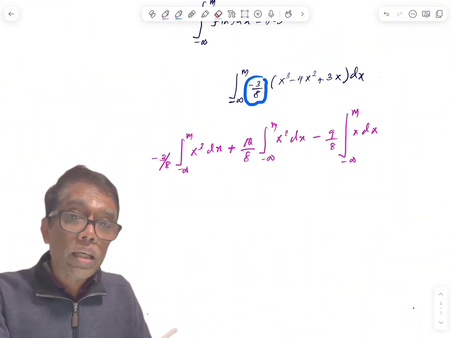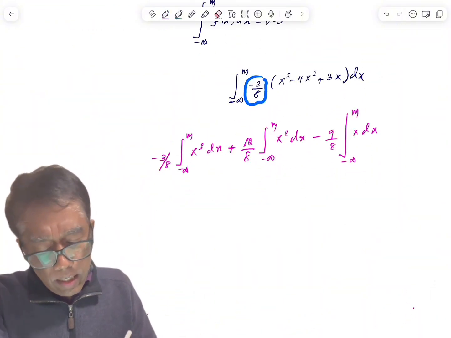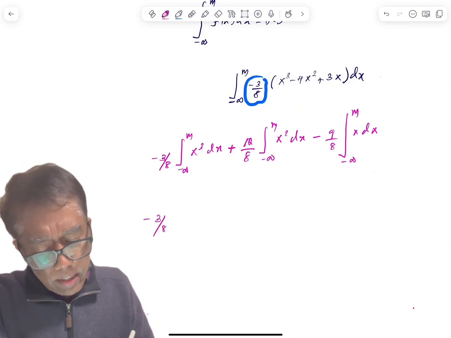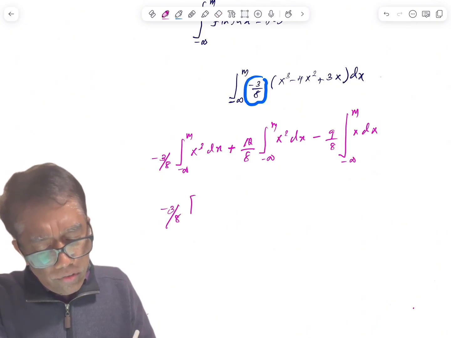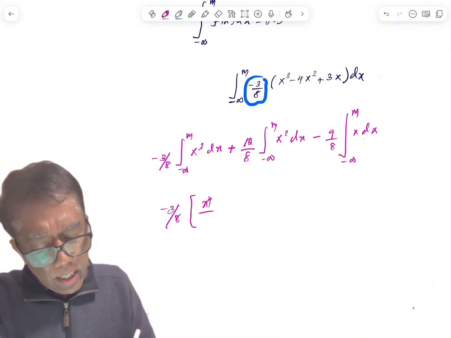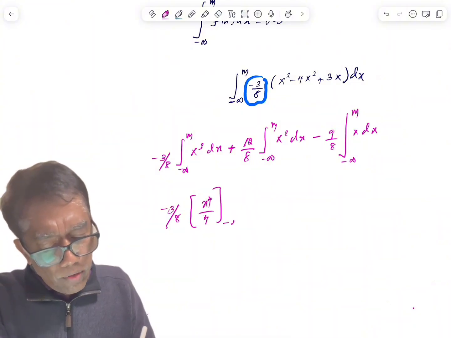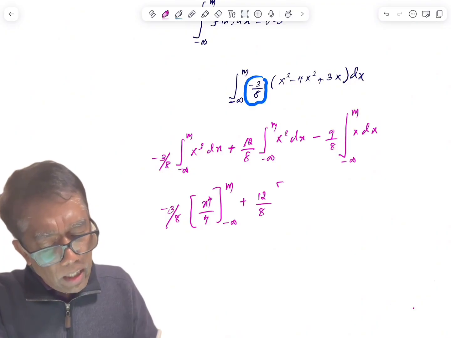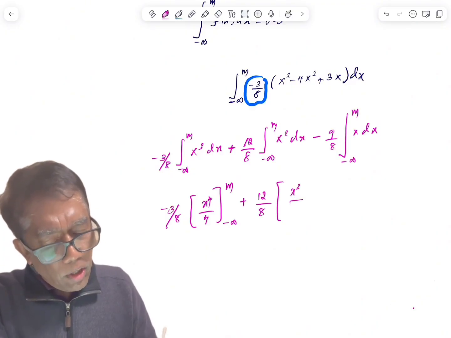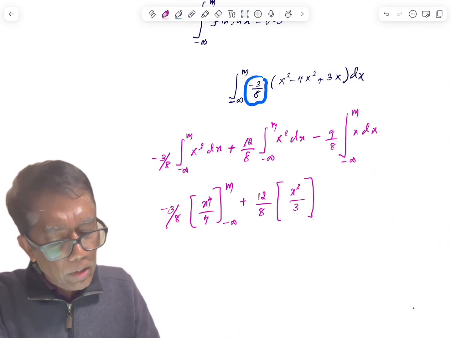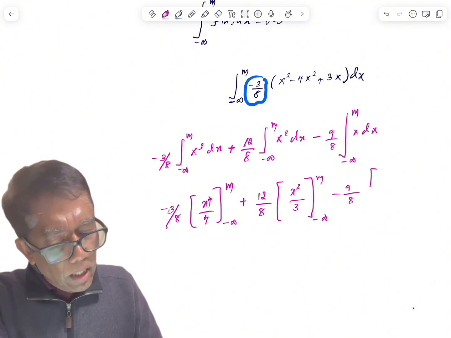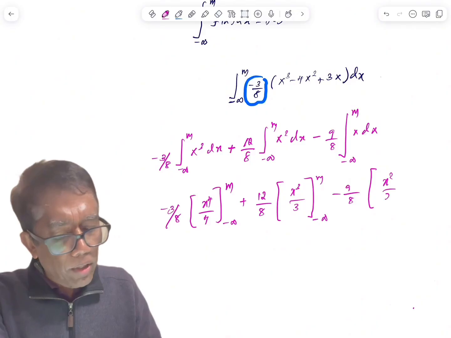Now we can integrate this expression. This is x to the 4 over 4, plus 12 over 8 times x cubed over 3, minus 9 over 8 times x squared over 2, with limits negative infinity to m.